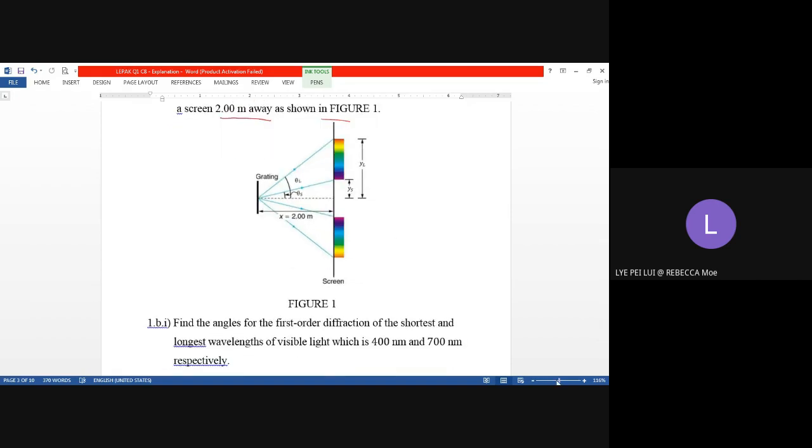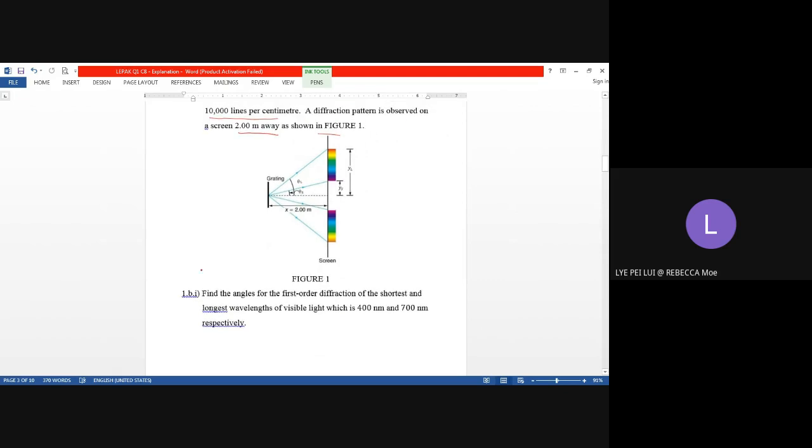Then look at the question. What is the question asking us to determine? Find the angle for the first order diffraction of the shortest.